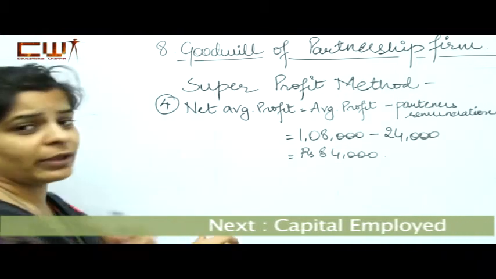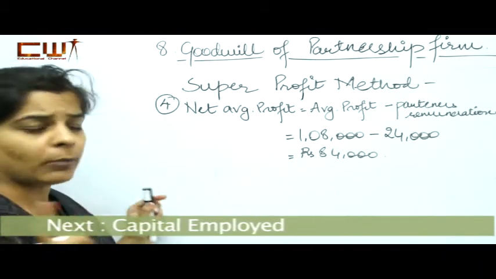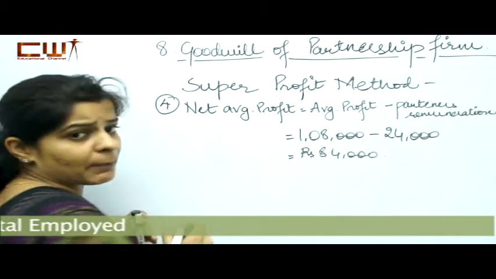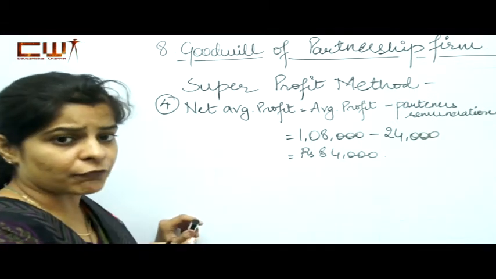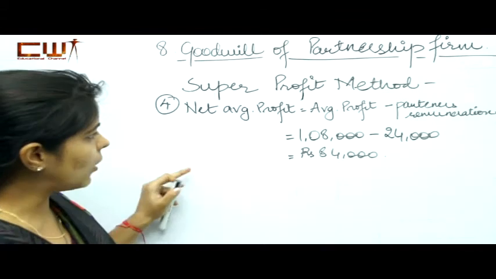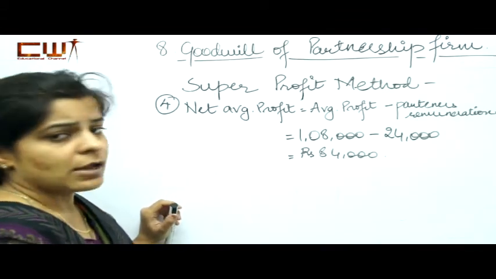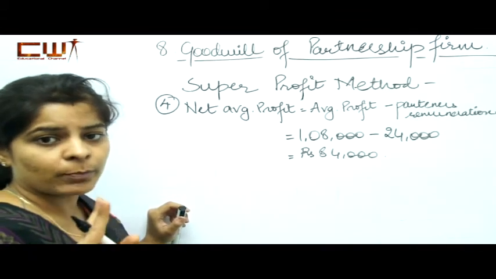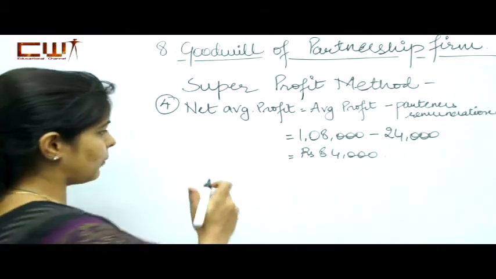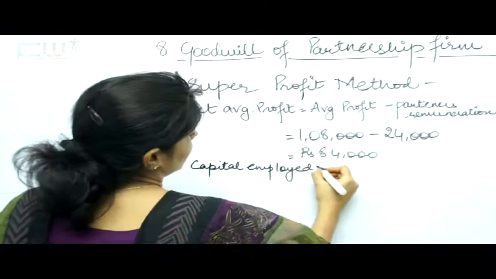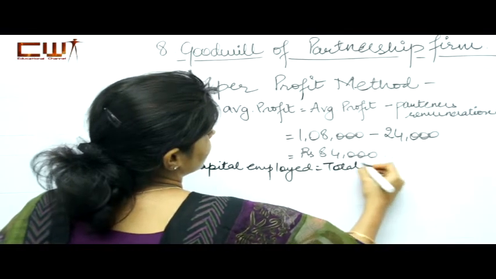Next step that we do is finding out the normal profits, right? So capital employed is given in the other form, and you have to work out how you will use that capital employed. Now they have given the capital of the two partners, Ram and Raghu. Now what you will do, capital employed means the total capital of the firm, right?